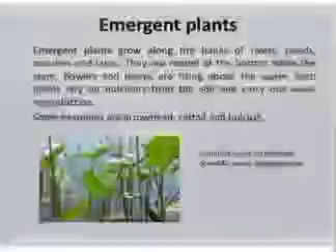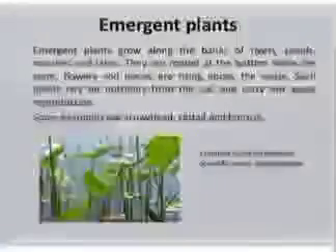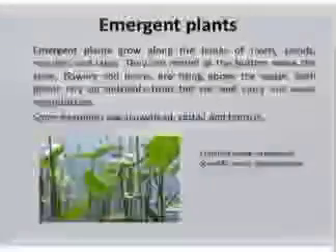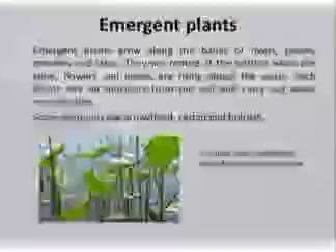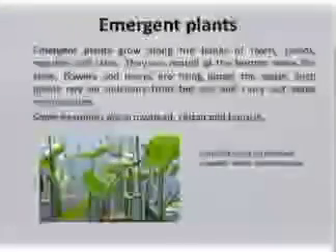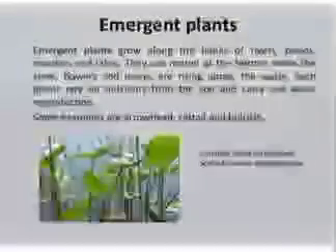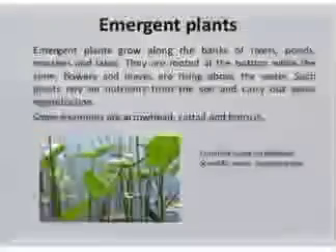A large plant part remains out of water. For example, rice or the paddy plant, and also arrowhead, cattail, and bulrush. Paddy fields contain a very high amount of water, almost like a pond, but these rice plants tend to come out of the water surface. So these are the emergent plants.